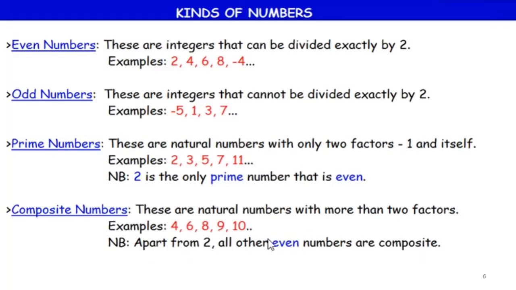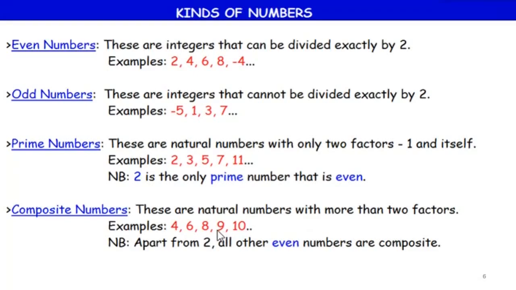If I ask you to list the factors of 4, we have 1, 2 and 4. Factors of 6, we can have 1, 2, 3 and 6. Factors of 8, we can have 1, 2, 4 and 8.